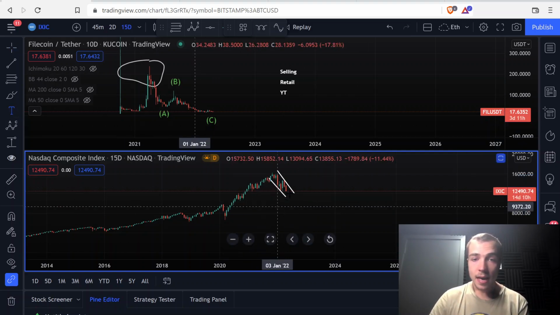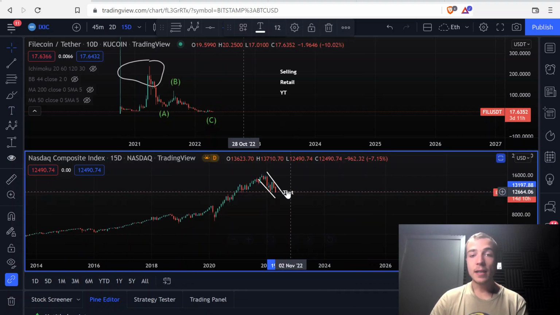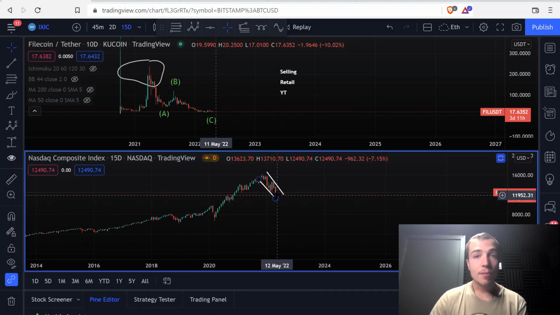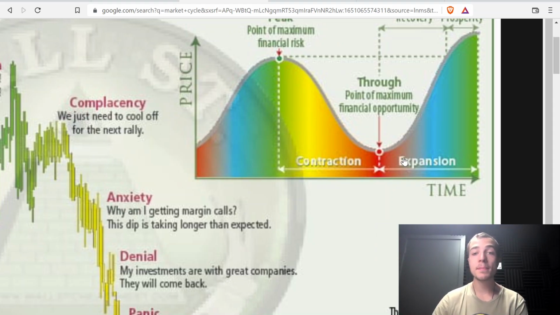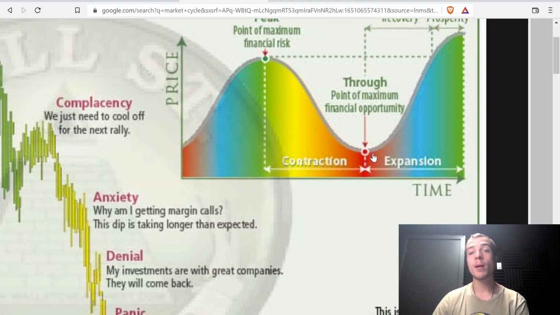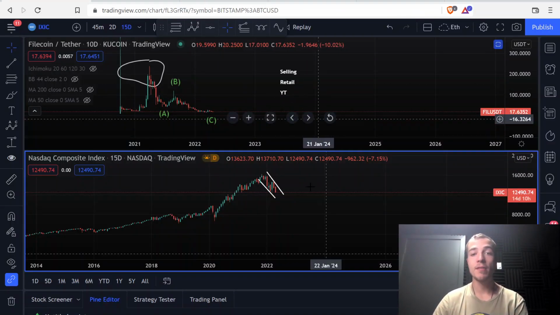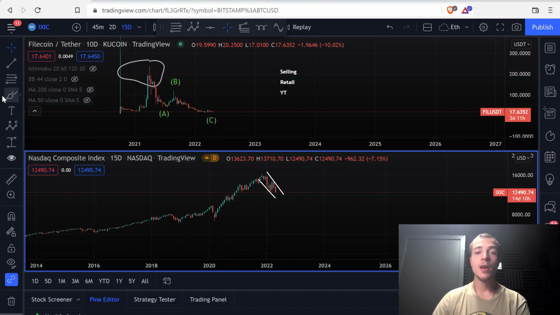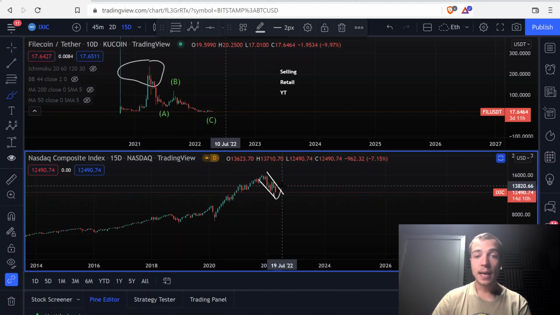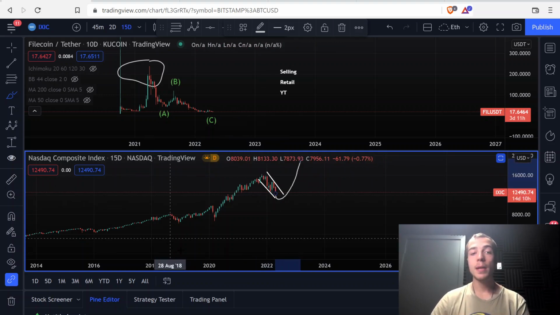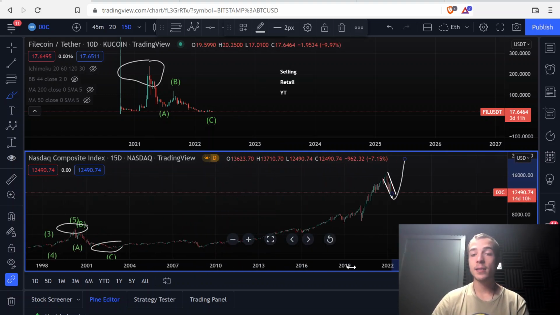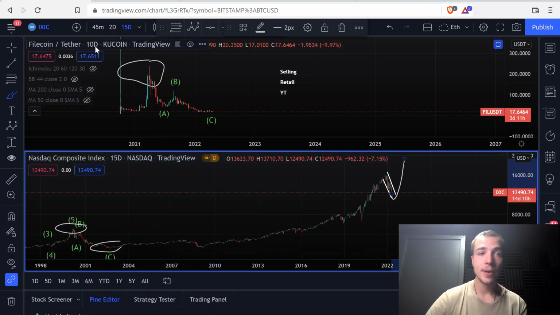So the selling that's going on in the NASDAQ, where everybody's panic selling, is contracting and getting closer, if not already there. It could be by the end of today. I'm not going to try to predict exact bottoms, but it's contracting on the smaller time frame, and it will reach a point of maximum financial opportunity. The whales will pick it up at those oversold areas, and they will play the bull flag pattern here on the NASDAQ. It's very high probability to see continuation.